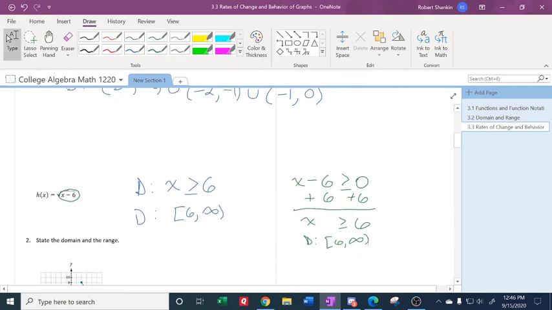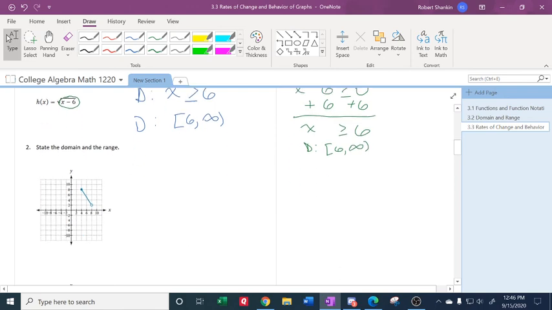Let's go to the next one. State the domain and the range. And this time we have it from a graph.